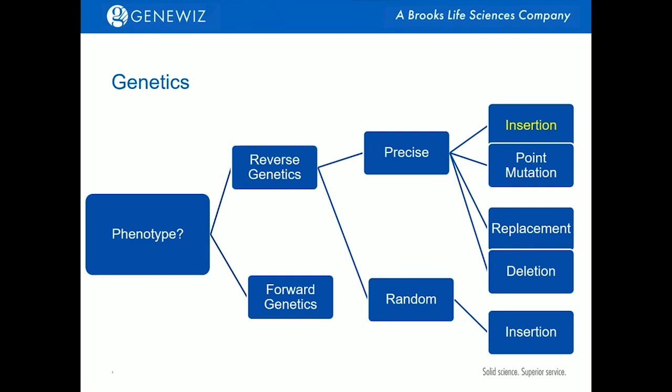In addition, the inserted element may be subject to various levels of local genetic regulation. So a more reproducible way is precise gene editing. We can delete or insert a genetic segment at exactly the location we want. Point mutation or replacement can also be considered a special type of insertion or knock-in, which will be our focus today.